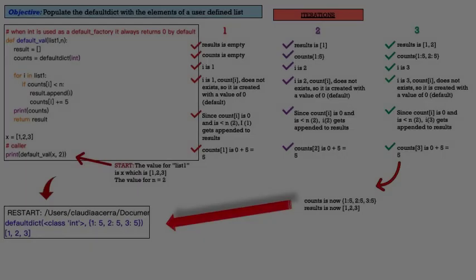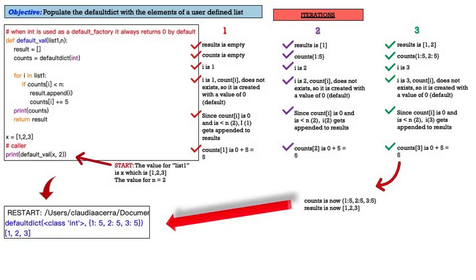Now let's come up with a slightly more advanced or involved example. We're going to populate the defaultdict with the elements of a user-defined list. So off to the right, I have what happens during each of the iterations. We're going to step through this line by line to really make it completely unambiguous. When an integer is used as a default factory, it will always return 0 by default.